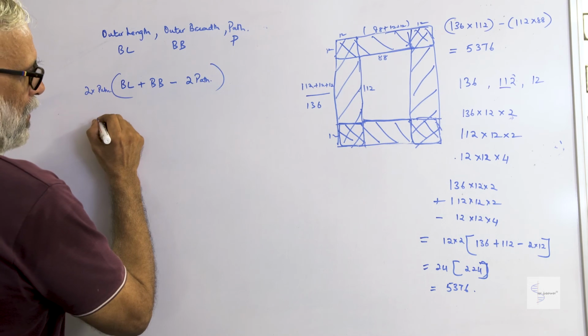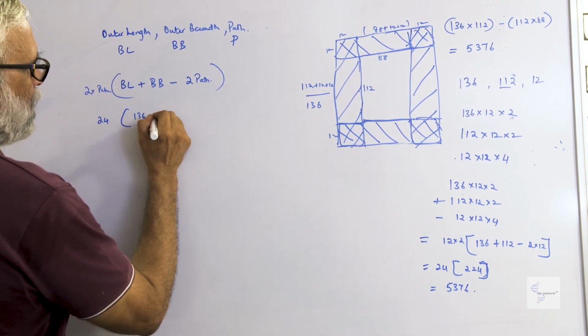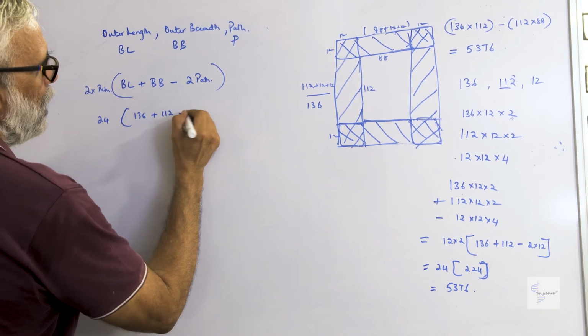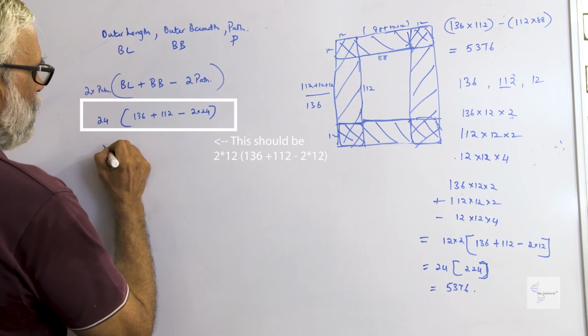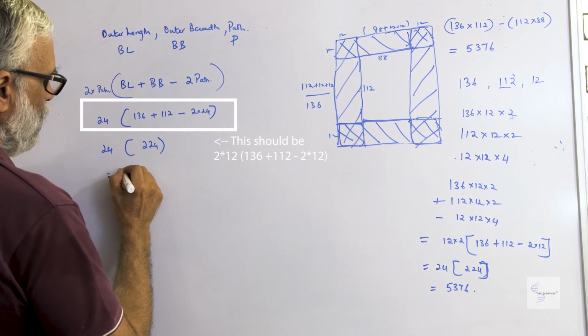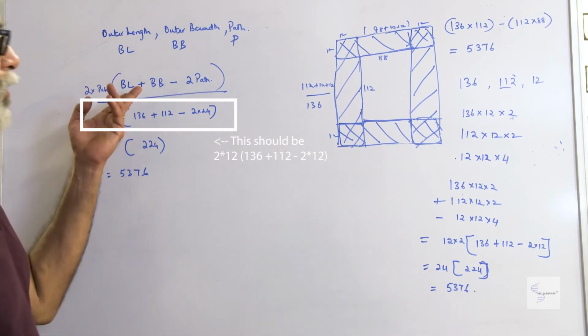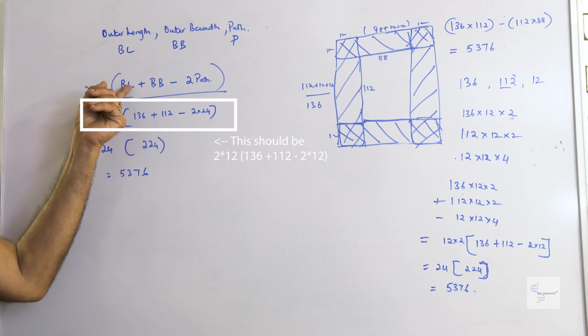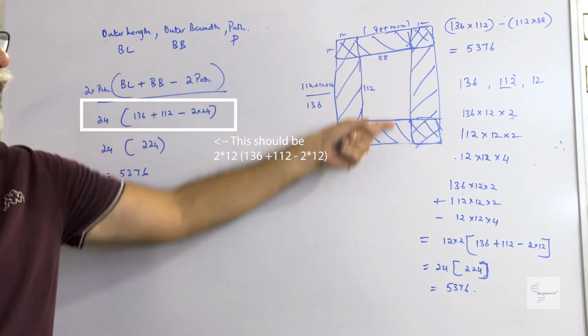So in this case it is 24 into 136 plus 112 minus 2 into 12, which is equal to 24 into 224, which is equal to 5376. So to remember the formula, you have to subtract the path size because it is counted twice over.